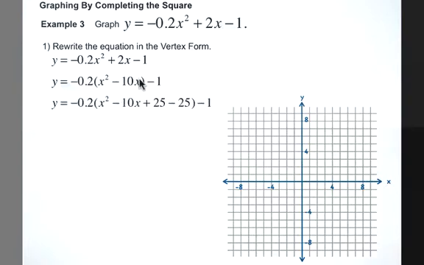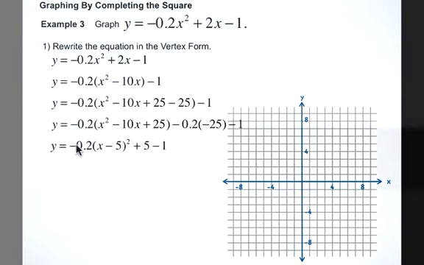Now we must complete the square of these first two terms. The term we need to add is 25. So if we add it, we must also take it away. We regroup things. We remove the negative 25 from the brackets, and it becomes negative 0.2 times negative 25.